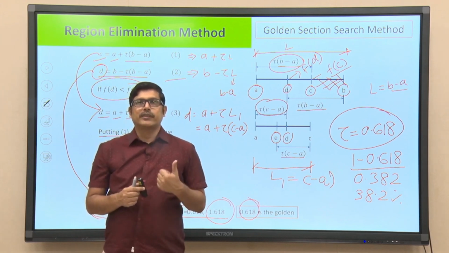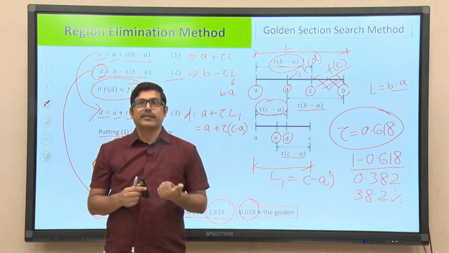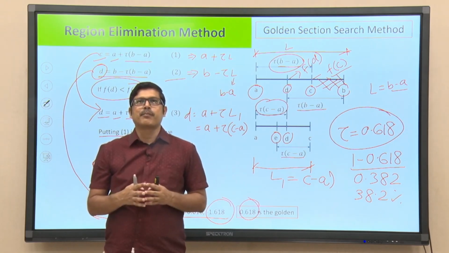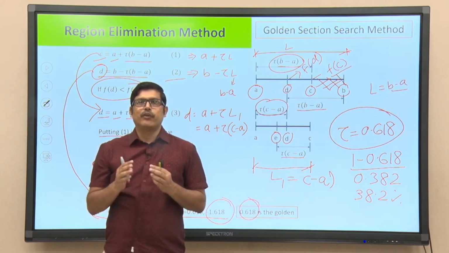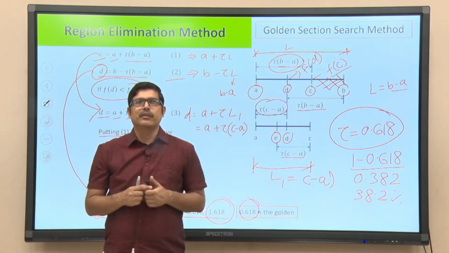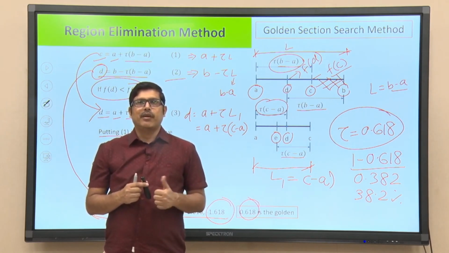And how many function evaluations are we doing? We are doing only one function evaluation in every iteration except the first iteration. That means, after the first iteration we are doing one function evaluation and eliminating 38.2% of the region. If we compare with the interval halving method, in that method we are eliminating 50% of the area in every iteration and we are doing two function evaluations in every iteration.